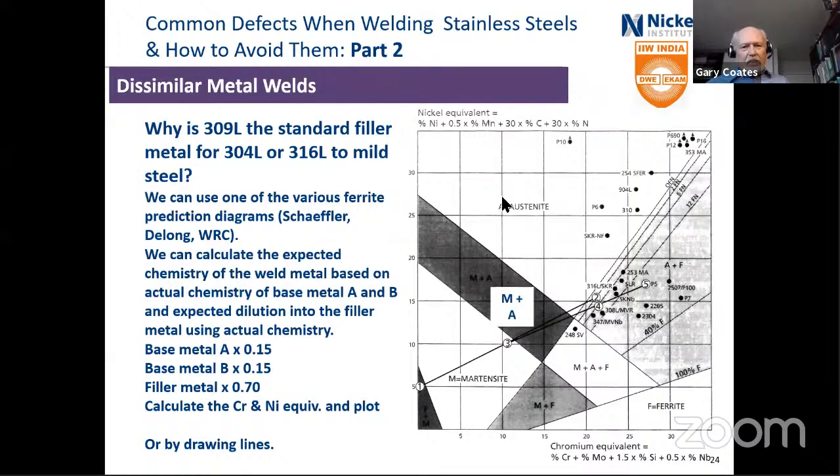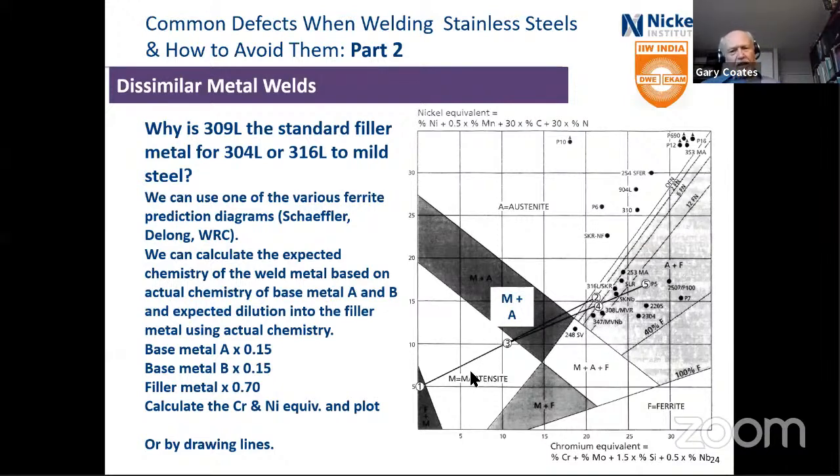Now, if I start off just for this area, A is for austenite, so this area is fully austenitic. This area is austenitic with various amounts of ferrite, so we have 2, 5, 12, 15, and 40. And most stainless steel filler metals are designed to fall into this area.